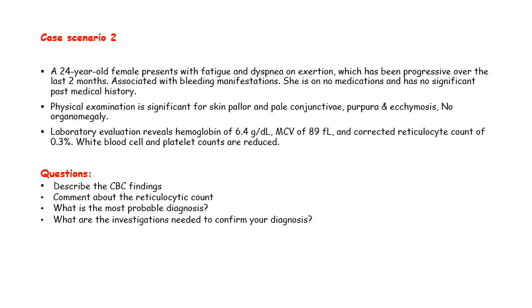Her physical examination is significant for skin pallor and pale conjunctiva, purpura, ecchymosis, but no organomegaly. The laboratory evaluations reveal hemoglobin of 6.4 gram per deciliter, MCV 89 femtoliter, and the corrected reticulocyte count of 0.3%. White blood cell counts and platelets are reduced.